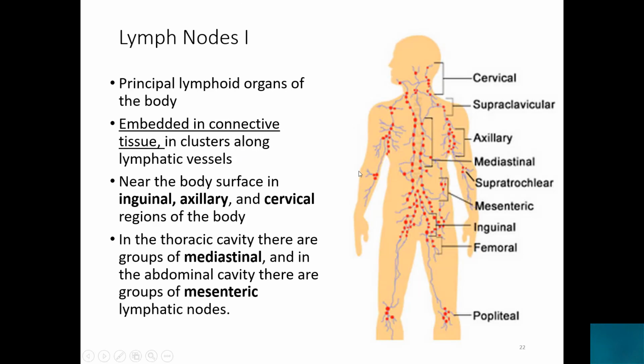So, location of lymphatic nodes. They are the main principal lymphoid organs of the body, and they are everywhere. They are in our arms, in our legs, popliteal in the knee areas.